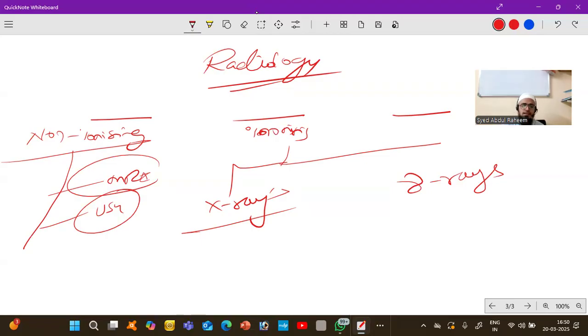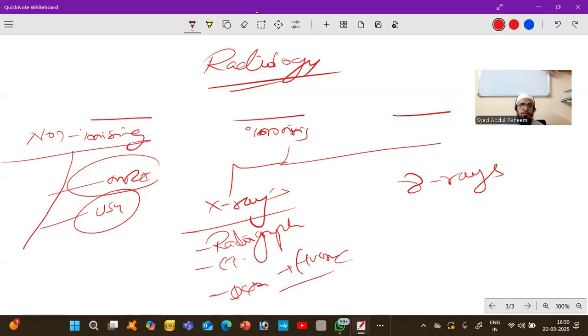In the X-ray, you will get radiography, mostly for diagnosis and therapy purposes. CT scan, DEXA scan, and fluoroscopy. In the gamma rays, you will get, for example, PET scan or nuclear medicine.